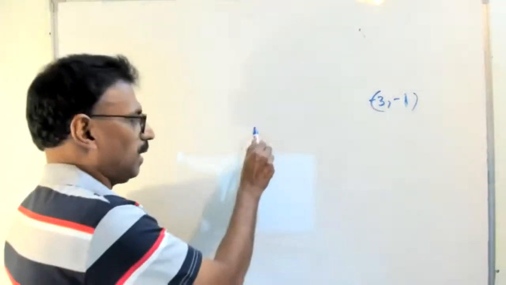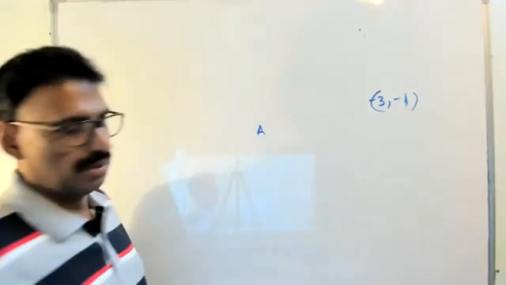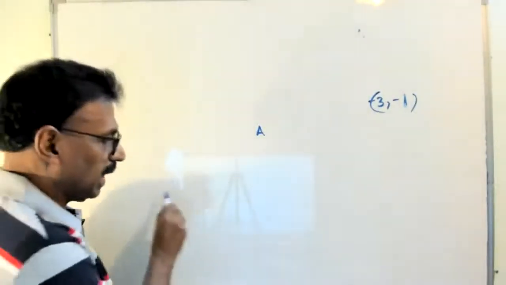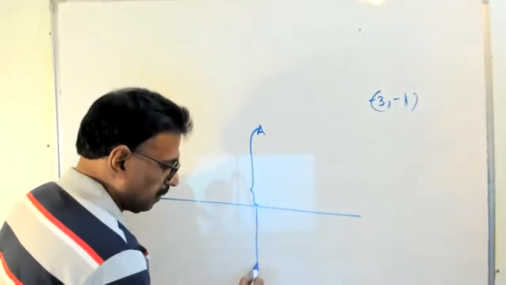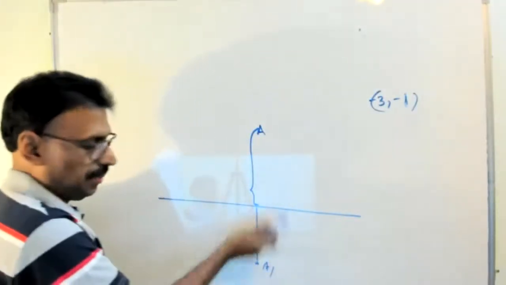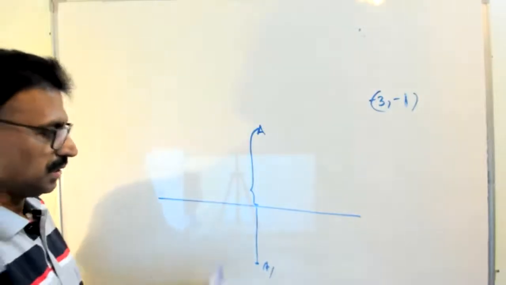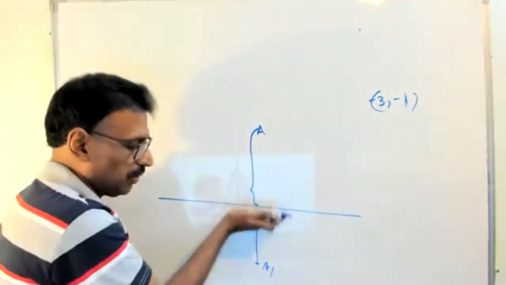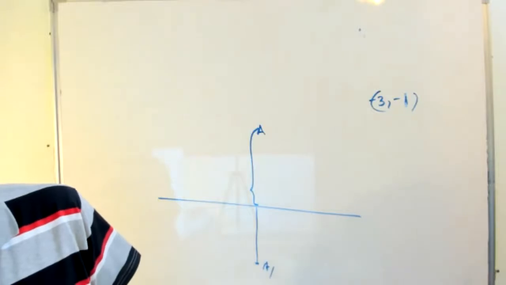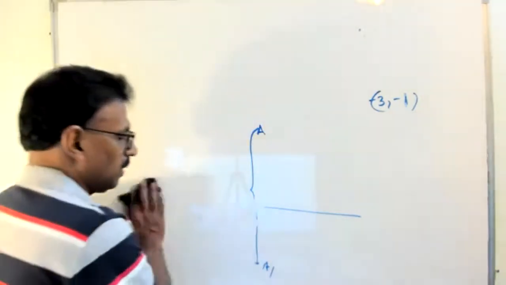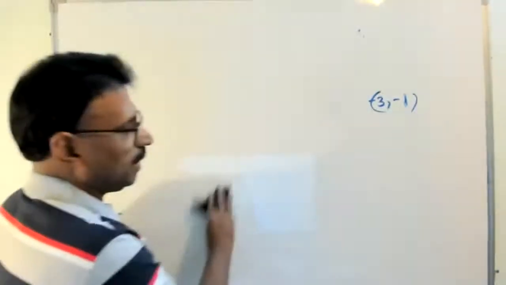Suppose the point A is here, the mirror is here. This distance and this distance are the same. This is the image. Idea understood or not? Yes, sir. Okay.